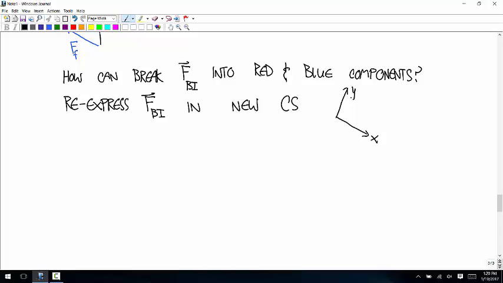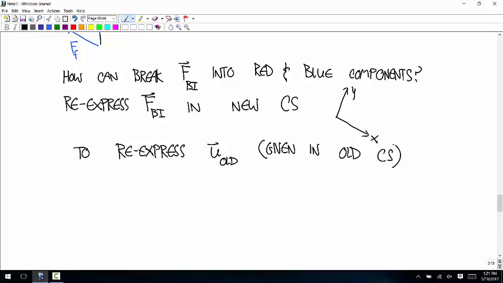And the way we're going to do that is re-express this vector u, just an arbitrary vector u, and I'll write u old, that's given in the old coordinate system, as u new in the new coordinate system.